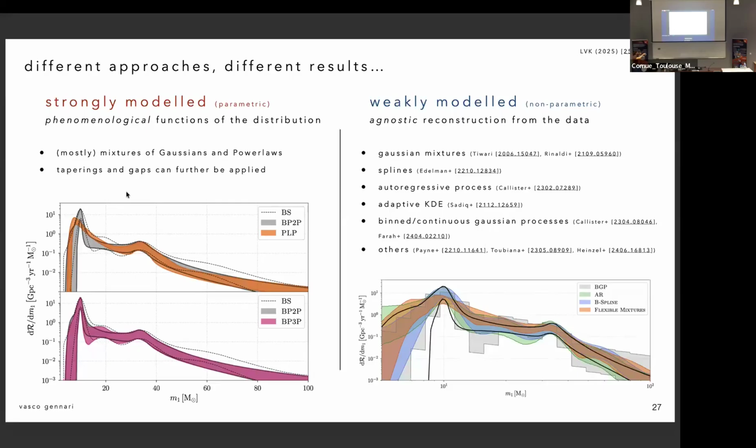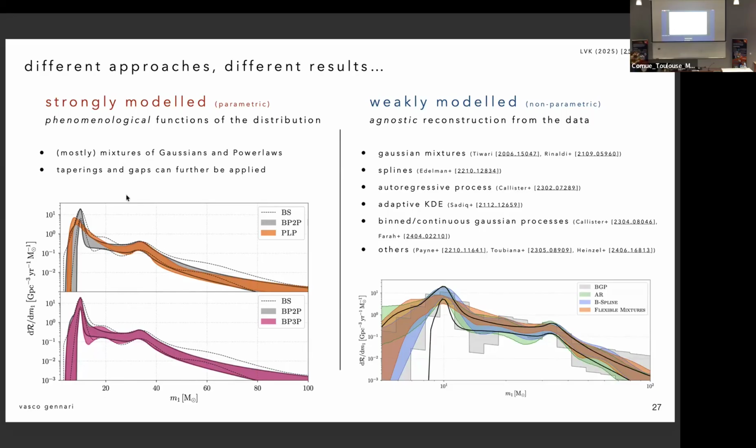And below in pink, this is a model in which you have a broken power law, so 2 power laws plus 3 Gaussian peaks. You see how the distribution changes, to the point that in some places the reconstruction can also be statistically inconsistent. And this is just because you made different assumptions.